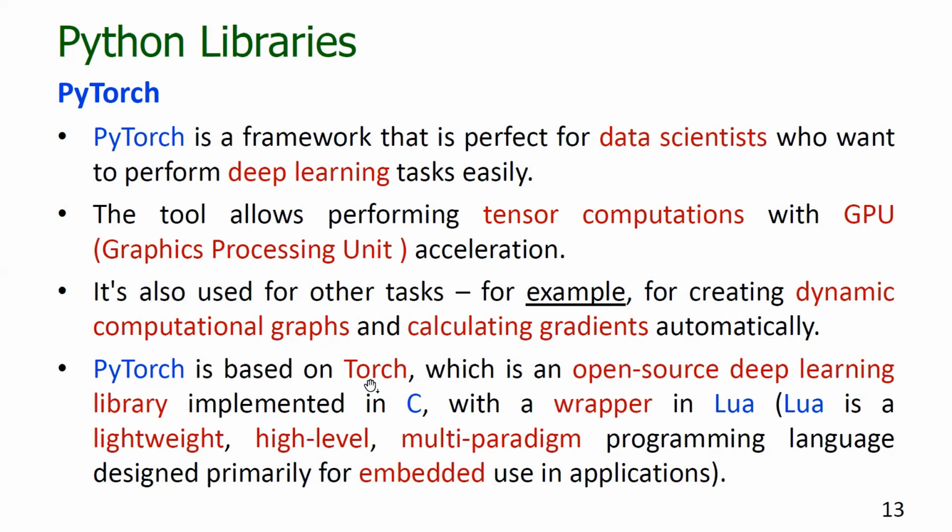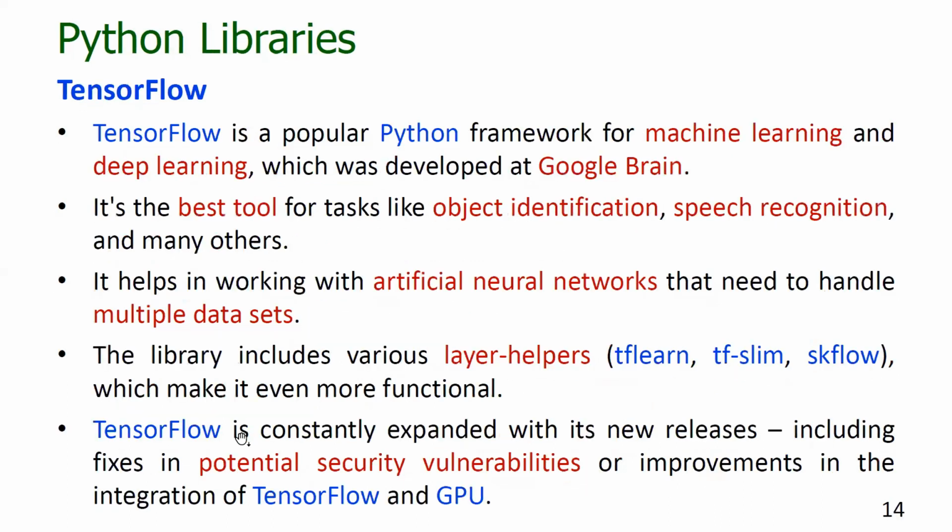PyTorch is based on Torch, which is an open source deep learning library implemented in C language with a wrapper in Lua. Lua is a lightweight, high-level, multi-paradigm programming language designed primarily for embedded use in applications.